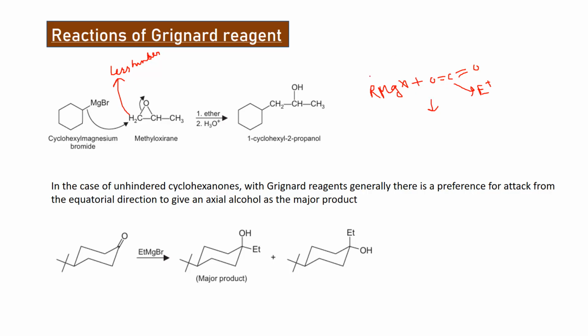So this R nucleophile will attack this carbon center and this will open up. By this method we can insert an acid group in the complex.